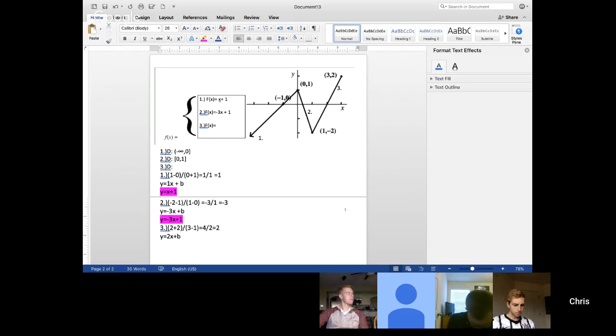We're going to use the point 3, 2 to find the y-intercept. So 2 equals 2 times 3 plus b.